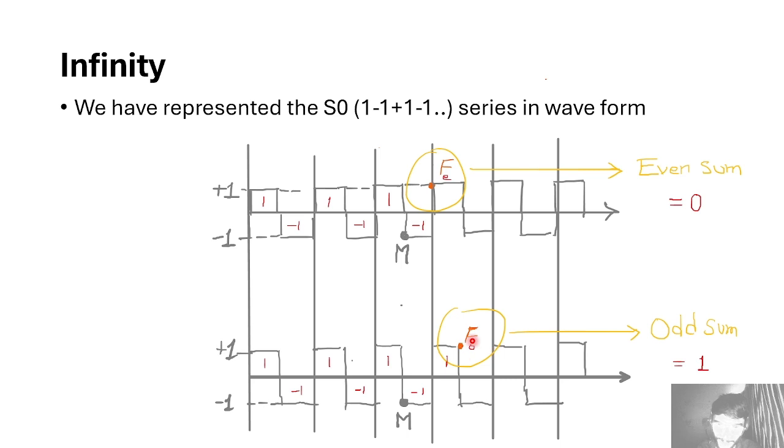In a similar way, the F marker in the wave down here will give me 1, the odd sum, since it's one step ahead, it's at an odd position, so it will give me the odd sum, right?